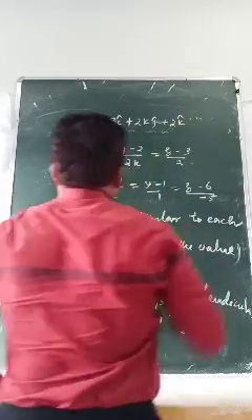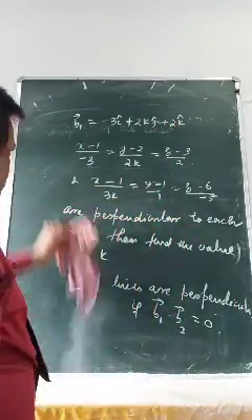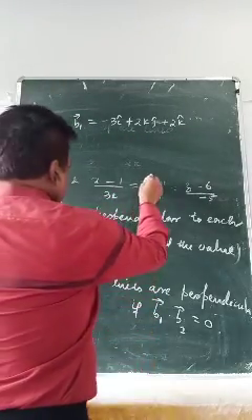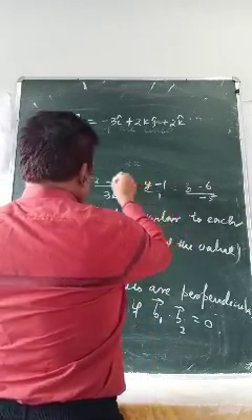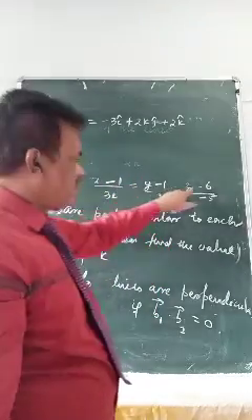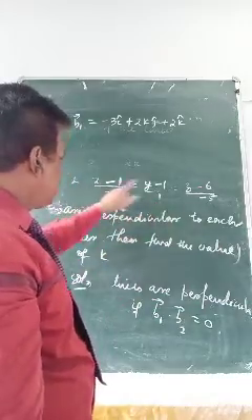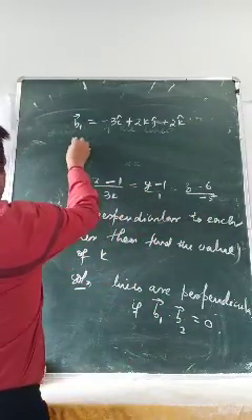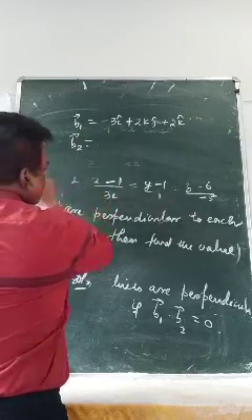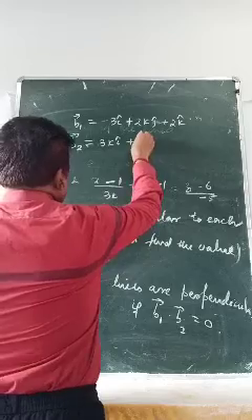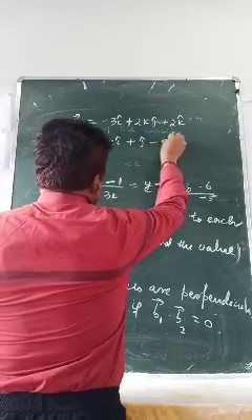From here you got it; check the second line. This is also in the standard form, so this is your b2 vector. b2 vector will be 3ki plus j minus 5k.